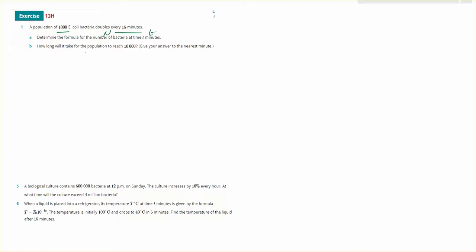So the basic model we use is n equals a b to the power t. Now we know at t equals 0, n equals a b to the 0.